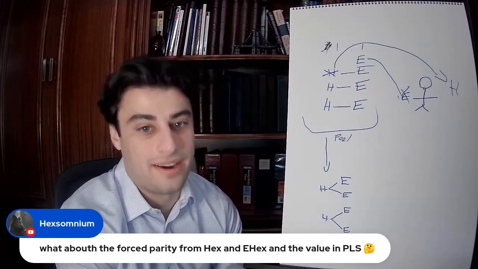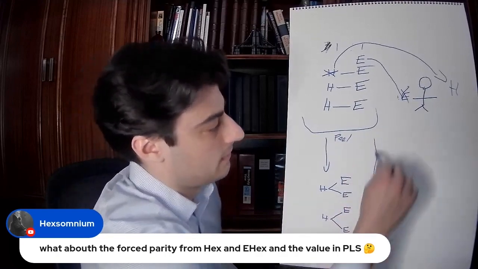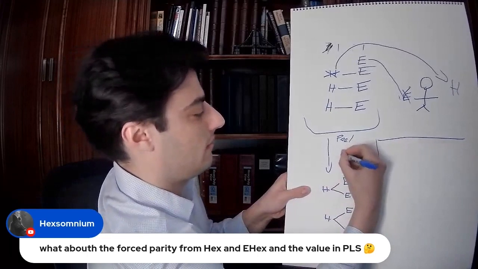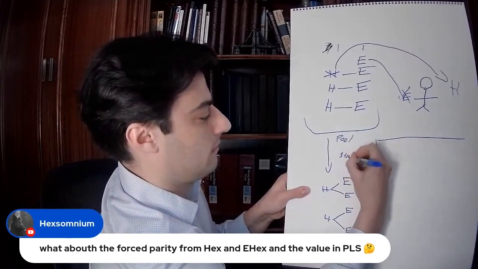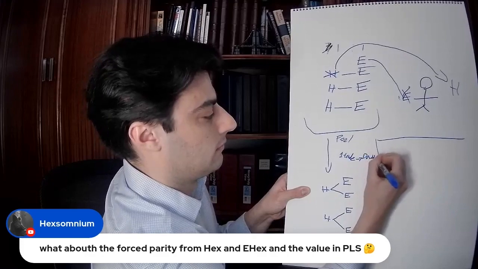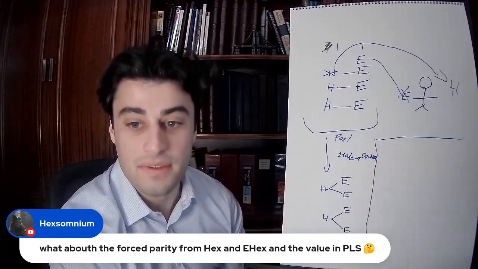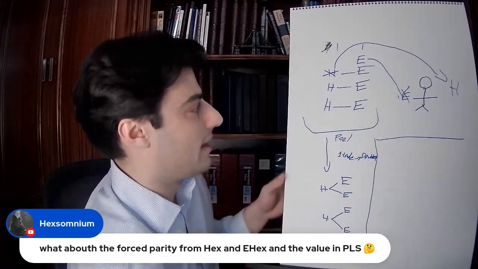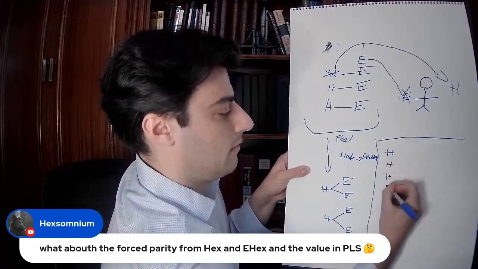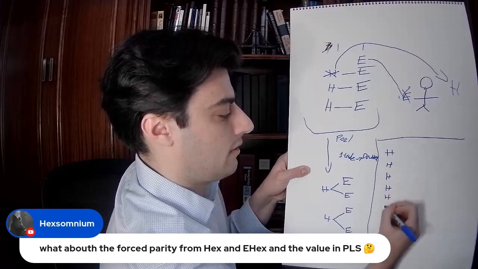What if you have 6 pairs? So you went with one trade, you've doubled the price. What if you have 6 pairs? 1, 2, 3, 4, 5, 6.